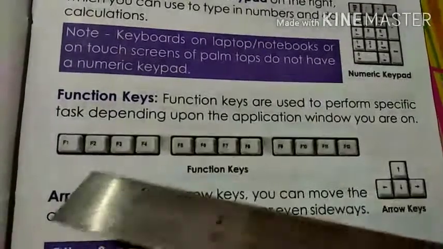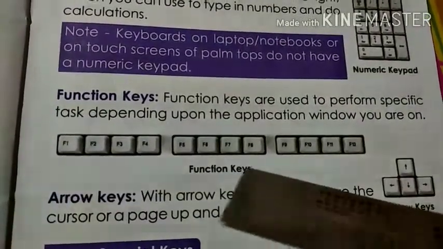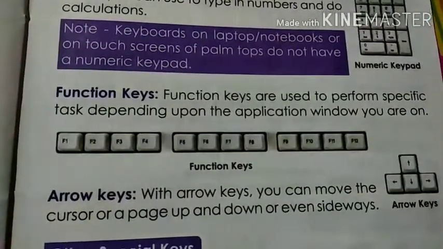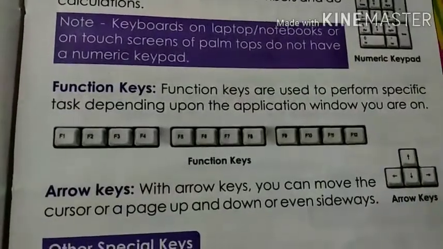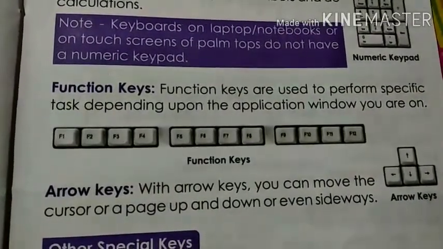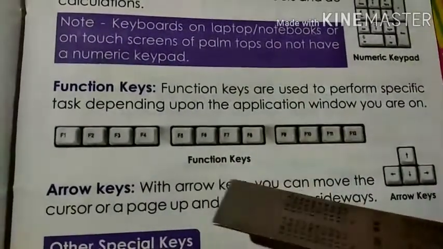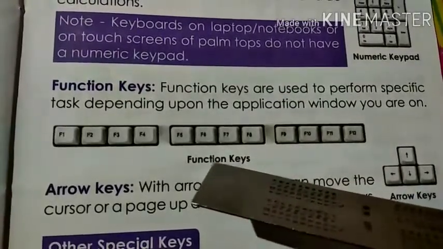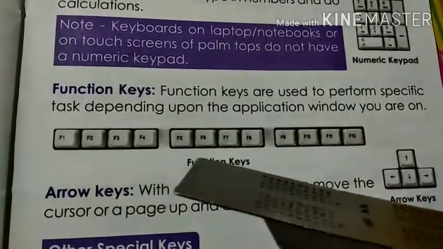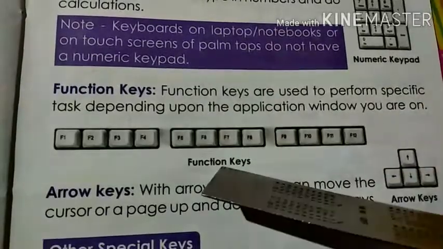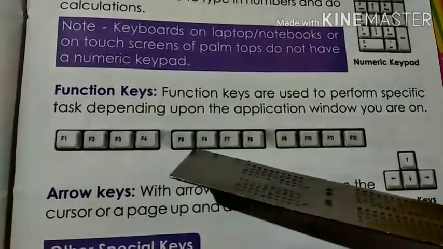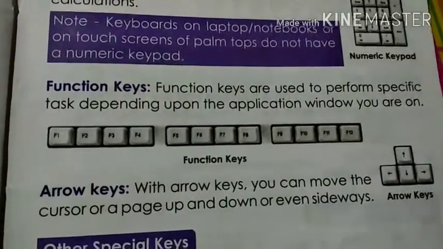These F1 to F12 keys are used for specific tasks depending upon which application you are using them in. For example, if you are on the desktop screen and you press F5, then your computer will refresh.